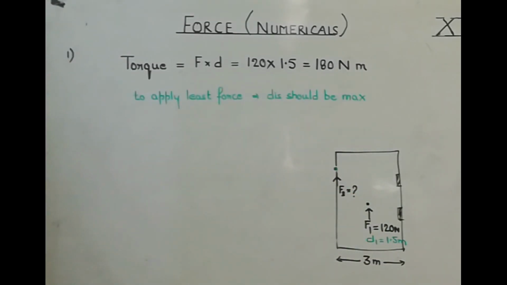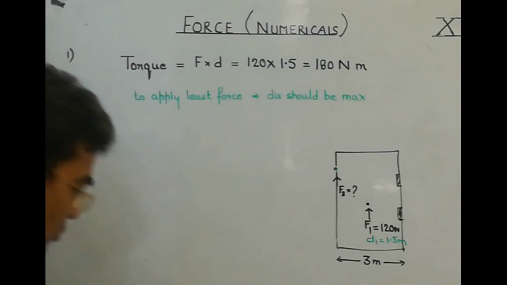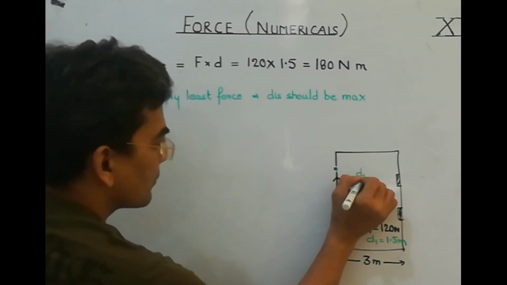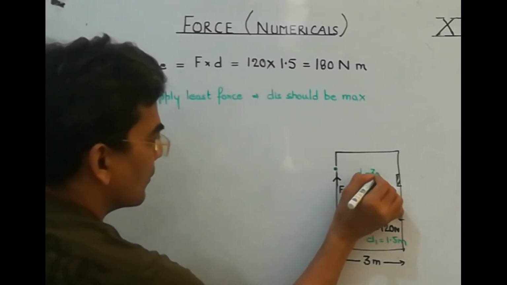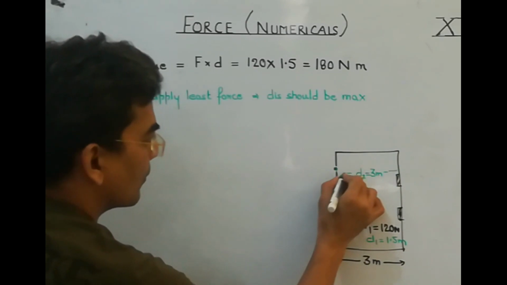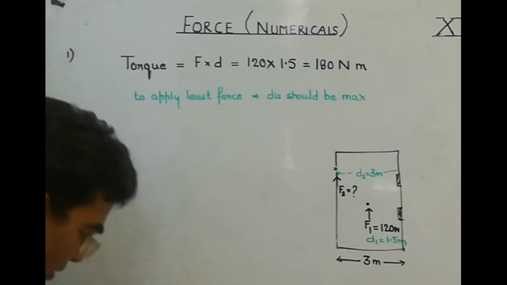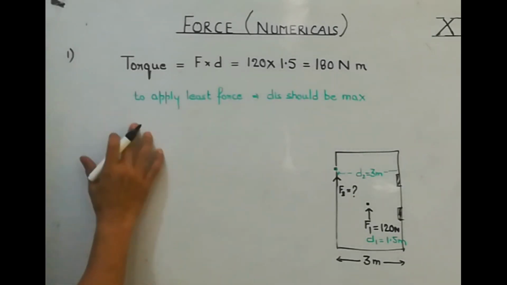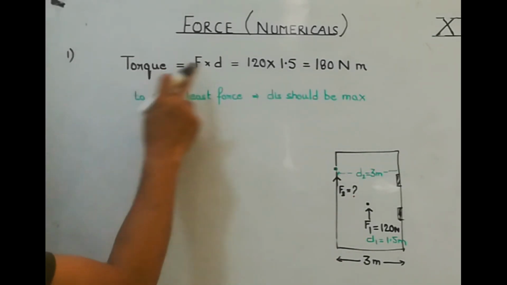This is to be calculated. And for case 2, what will be the distance? Distance will be 3 meters. It's the same door, so the torque remains the same.